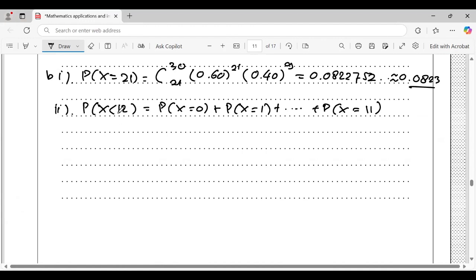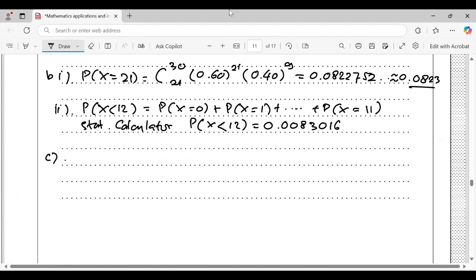And if you're using the statistical calculator, I got this solution, this number 0.0083016. You can calculate that by yourself.